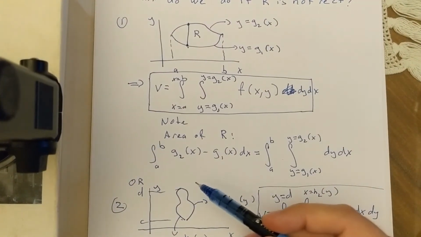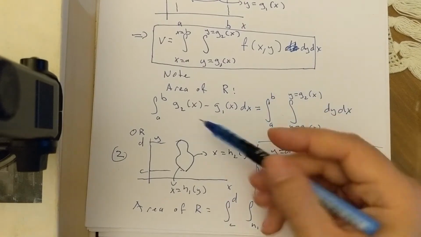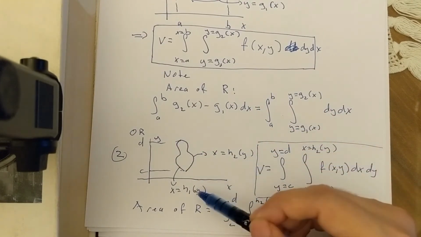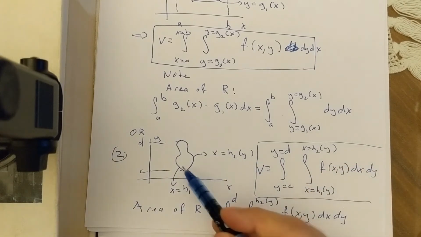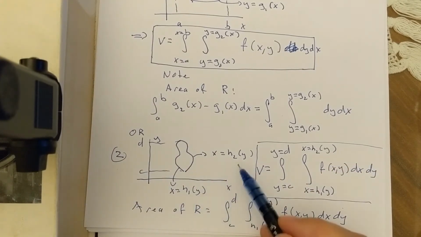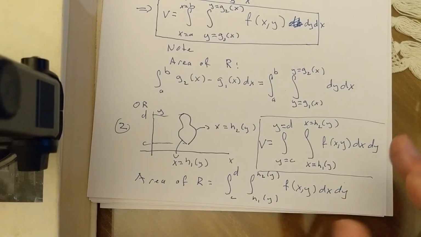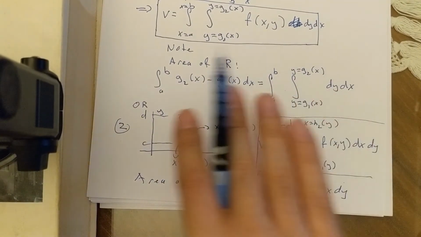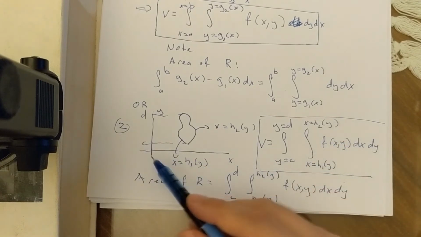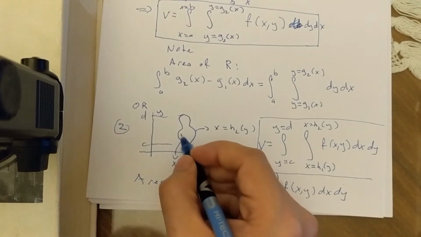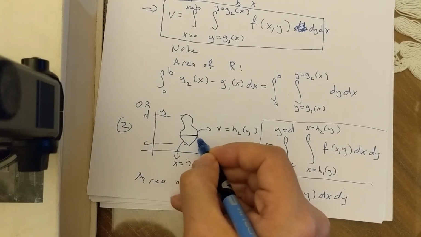Now we could also do the same if the region that we had was not horizontal like this, but was like this. Now x is described in terms of functions of y. So the left side is h1 of y and the right side is h2 of y. There are just two functions. Then if I'm trying to calculate the volume, y is ranging from c to d, and this time I'm taking horizontal elements.